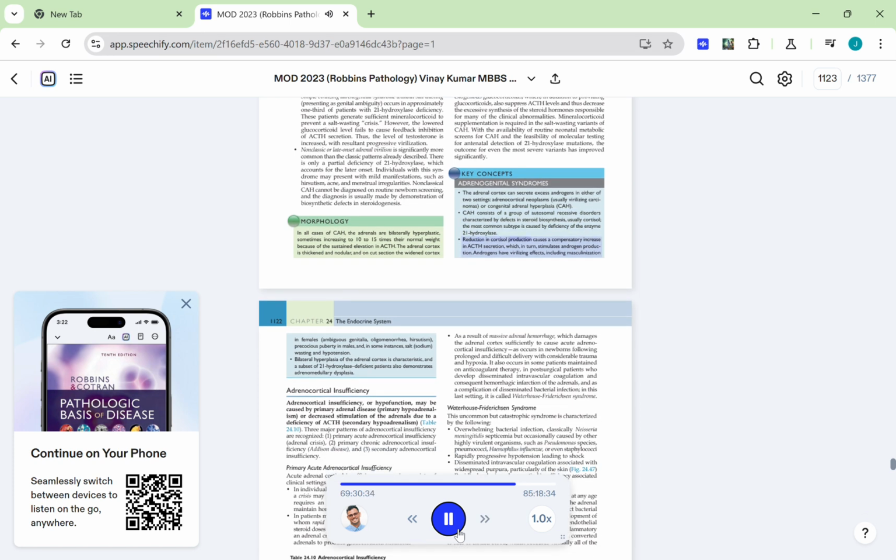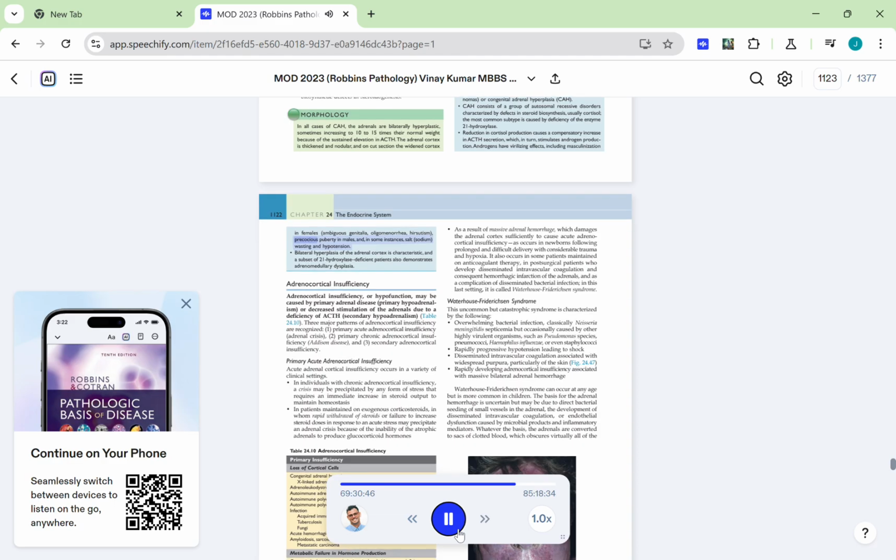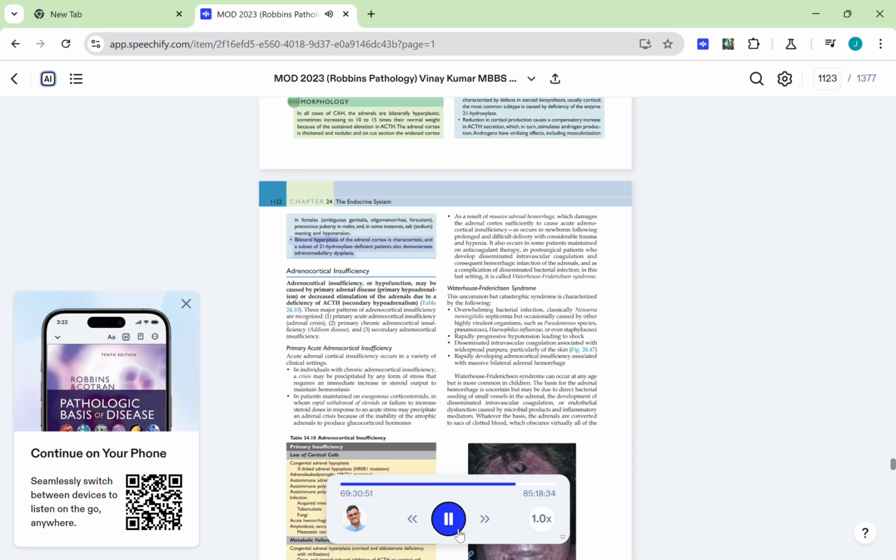Reduction in cortisol production causes a compensatory increase in ACTH secretion, which in turn stimulates androgen production. Androgens have virilizing effects, including masculinization in females, precocious puberty in males, and, in some instances, salt wasting and hypotension. Bilateral hyperplasia of the adrenal cortex is characteristic, and a subset of hydroxylase-deficient patients also demonstrates adrenomedullary dysplasia.